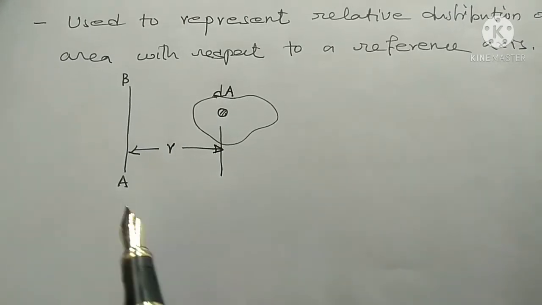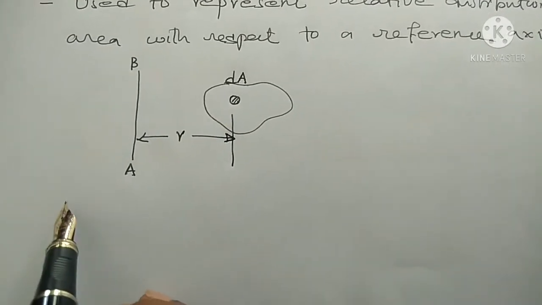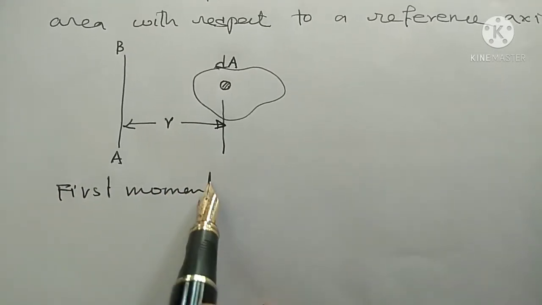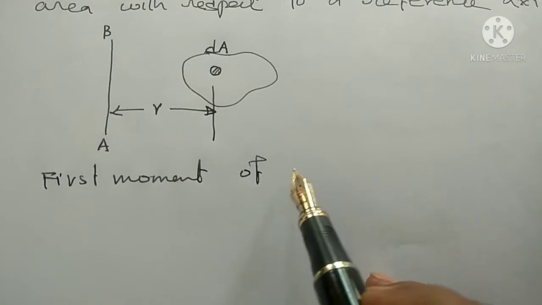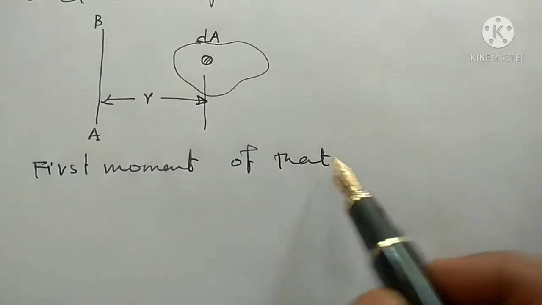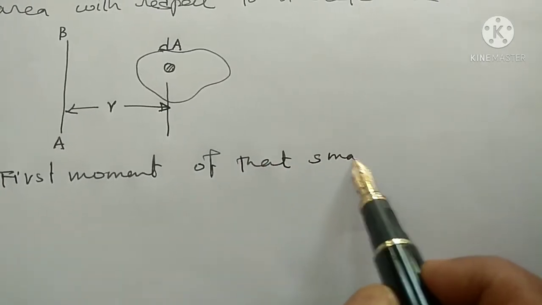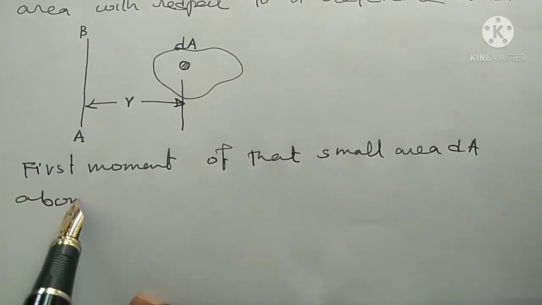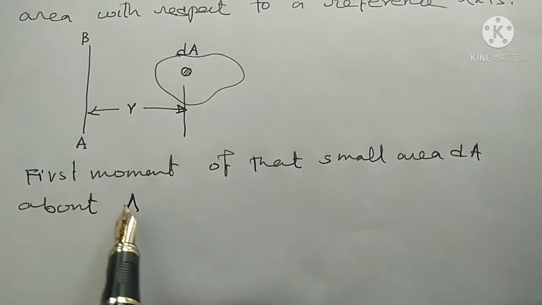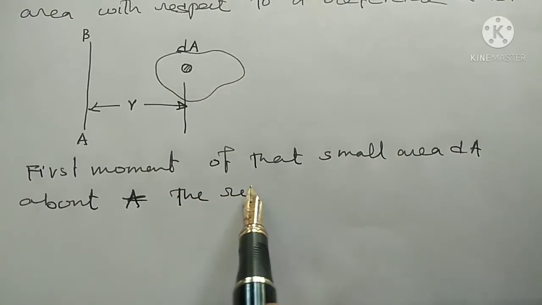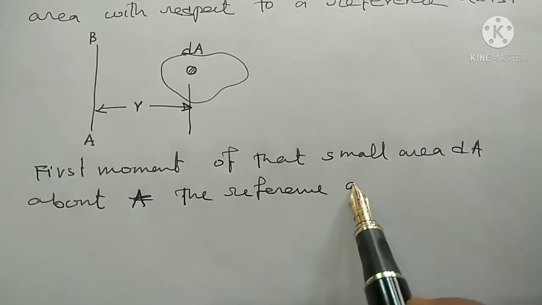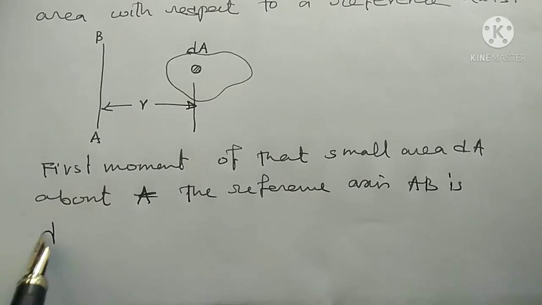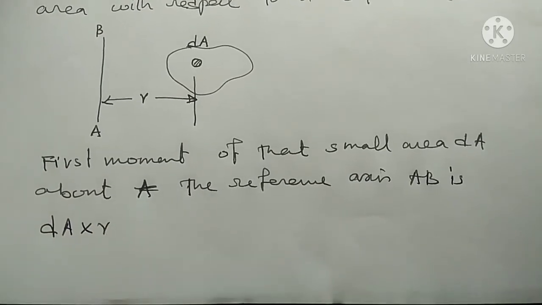Then we can say that the first moment of that small area dA about the reference axis AB is dA into r.